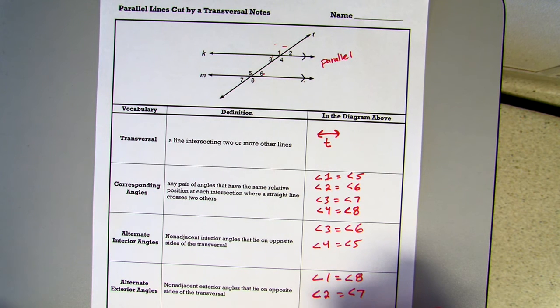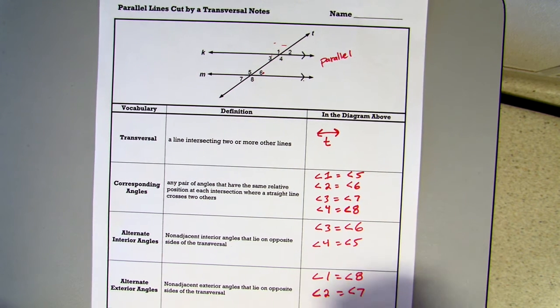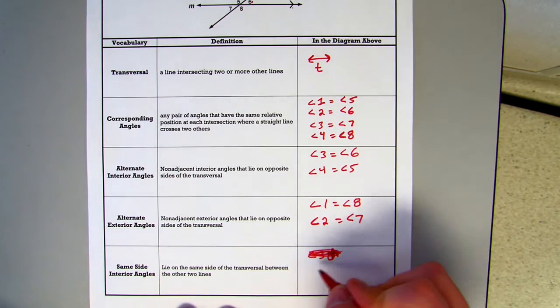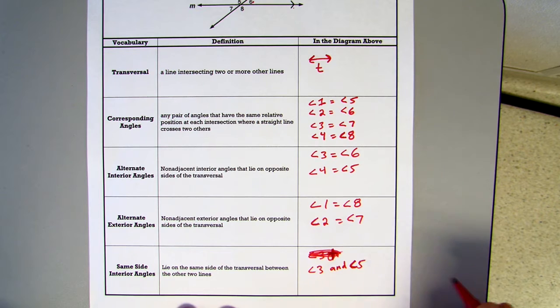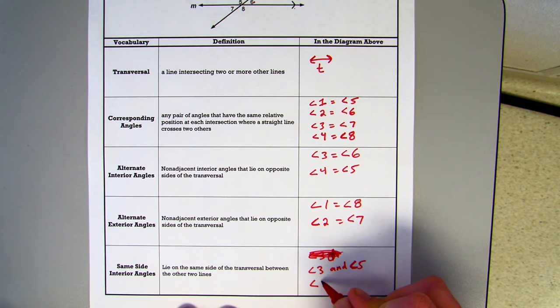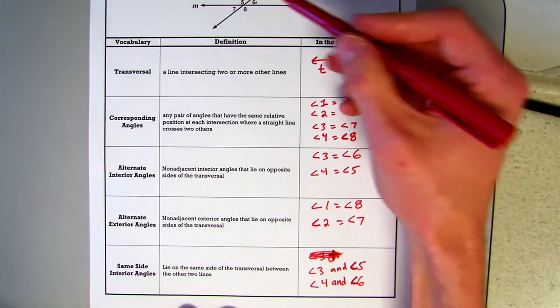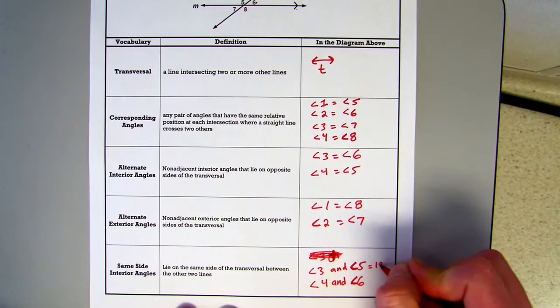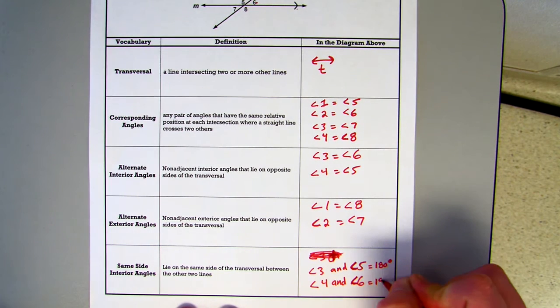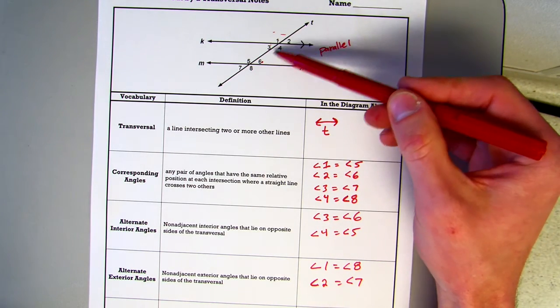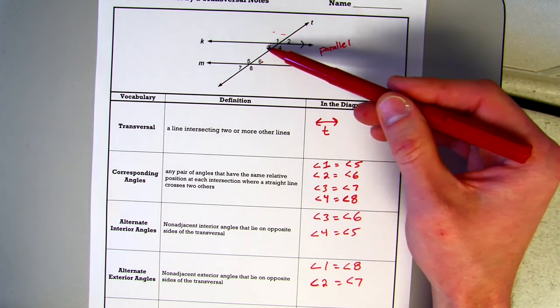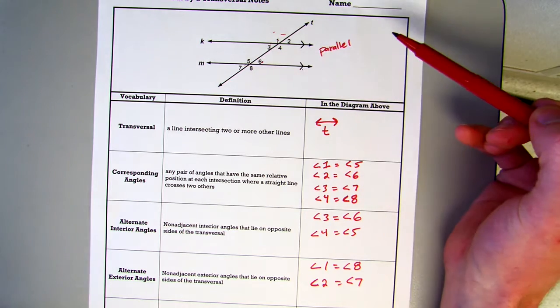So angle 3 and angle 5, and then angle 4 and angle 6, these actually add up to 180 degrees. As long as these lines up here are parallel, your 4 and 6 are going to add up to 180 degrees, and 3 and 5 add up to 180 degrees.